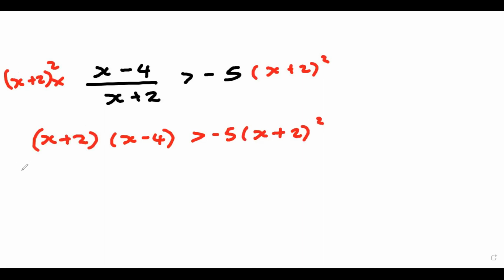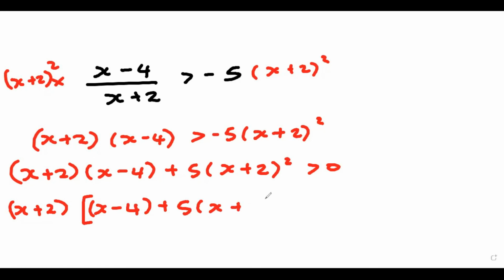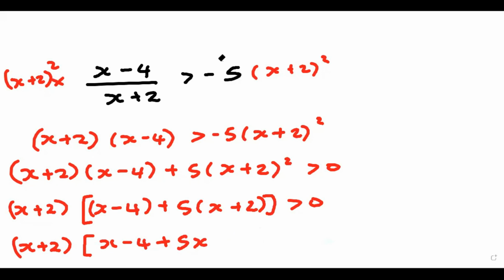So carry that over: x plus 2 times x minus 4 plus 5 times x plus 2 squared greater than 0. Can factor out the x plus 2 again. So then we'd have x minus 4 in a bracket here plus 5 times x plus 2 greater than 0. We can simplify inside the bracket. We're going to get x minus 4 plus 5x plus 10 greater than 0.